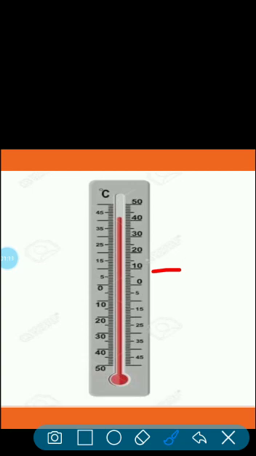If it is the atmosphere, then it is the temperature of the atmosphere, temperature of water, temperature of ice. There is temperature of everything, and for measuring that we generally use degree Celsius or degree Fahrenheit.